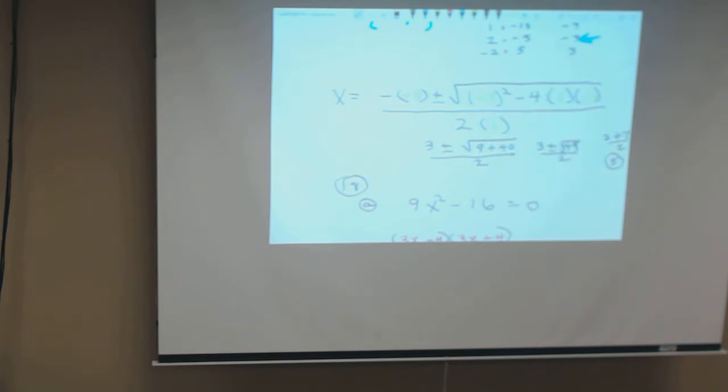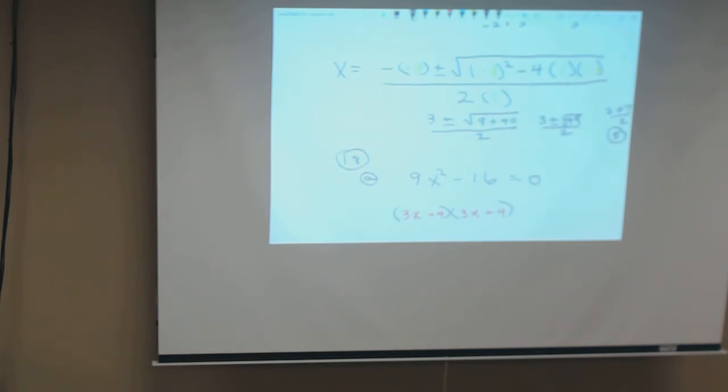Number 18. Solve 9x squared minus 16. Okay, you could just make 2 parentheses. And how do you get 9x squared? 3x and 3x. And how do you get -16? -4 and +4. You go, how come there's no middle term? Well, FOIL it and see what happens.